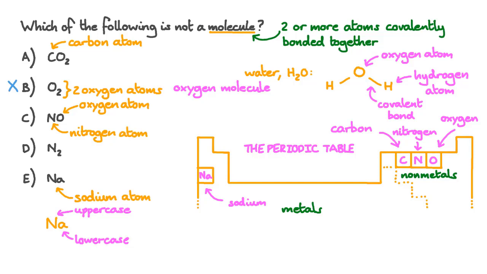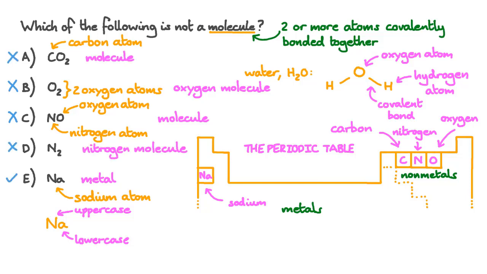Now we can still get nitrogen atoms and sodium atoms, but non-metals tend to form covalent bonds and form molecules, while metals form metallic structures that continue in all directions and have very different bonding to the covalent bonding in molecules. So CO2, O2, NO, N2 all describe a molecule containing two or more atoms covalently bonded together.